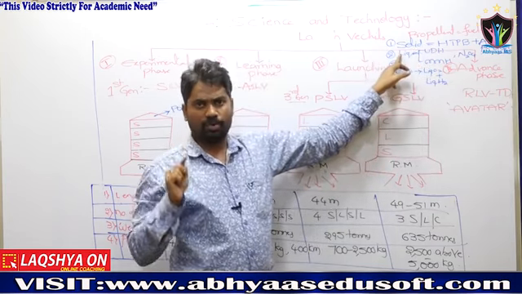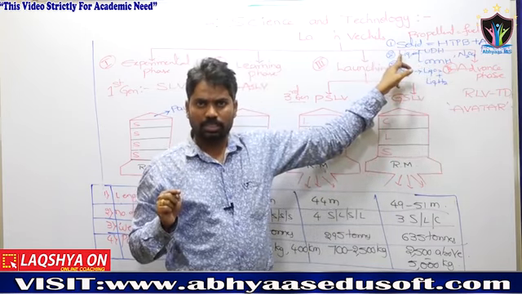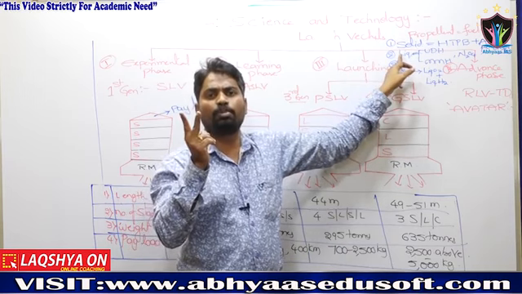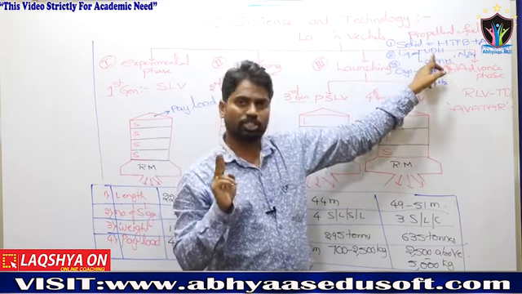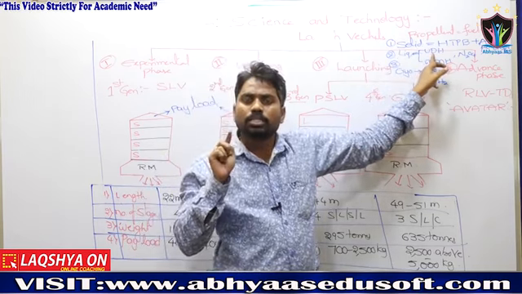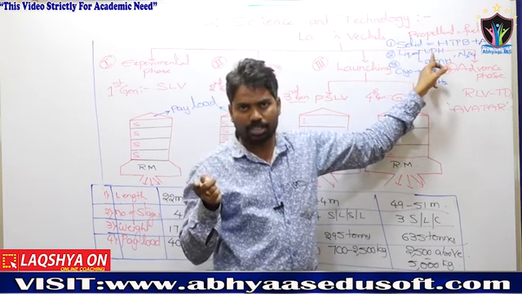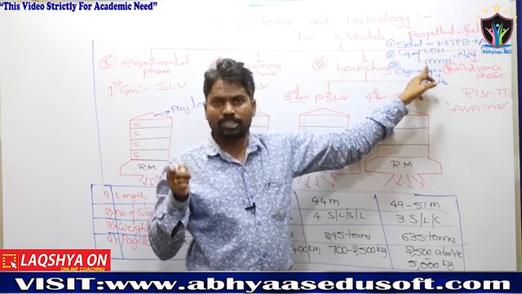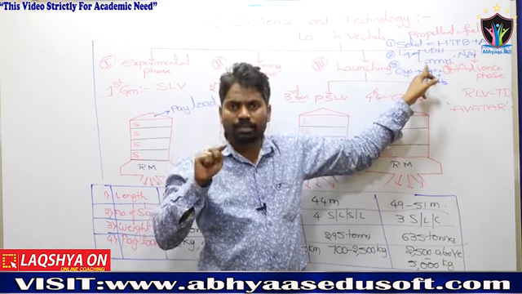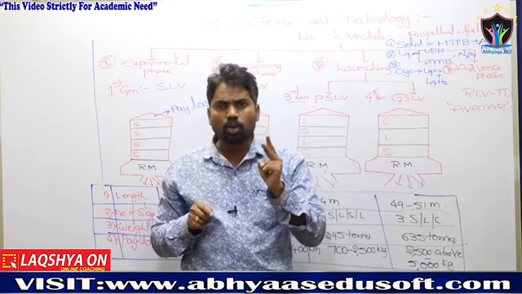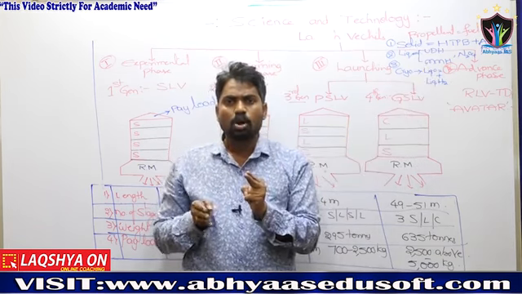Next, the liquid fuel. 2 types of liquid propellants are there. UDMH, nothing but unsymmetrical dimethylhydrazine, and MMH, monomethylhydrazine. These 2 are the liquid fuels.